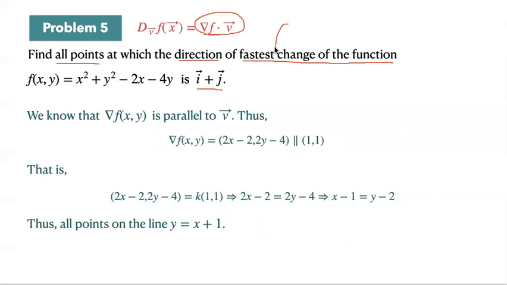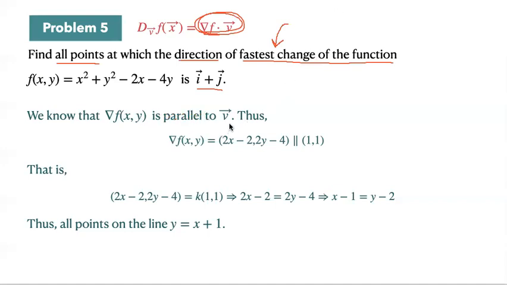Fastest change means that our directional derivative will have the maximum. So as we saw in the previous example, gradient f and v have the same direction.